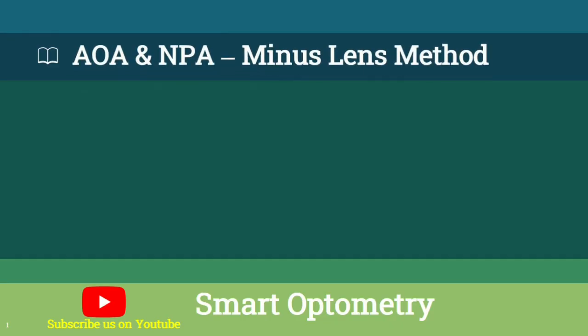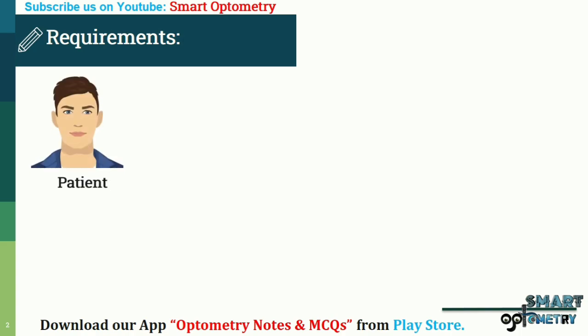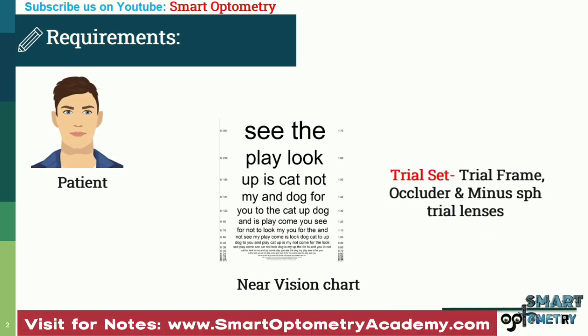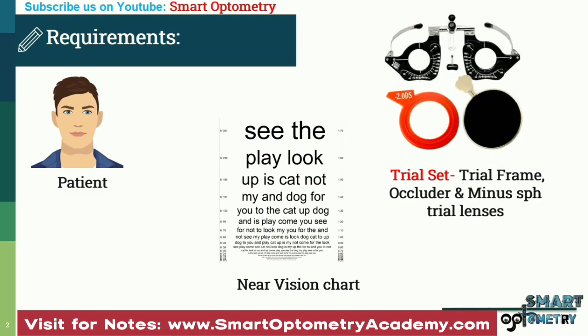How to measure amplitude of accommodation and near point of accommodation in the minus lens method. Requirements: we need a patient near vision chart and trial set. In the trial set, we will need a trial frame, occluder and minus spherical trial lenses.